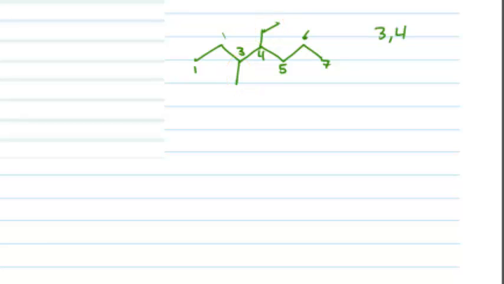Versus going from right to left, I get 4 and 5 for my two substituents. 3, 4 is a lower combination than that of 4, 5. So I'm going to use the 3, 4 combination in naming my substituents. Now the two substituents I have are a methyl group at position 3 and an ethyl group at position 4.